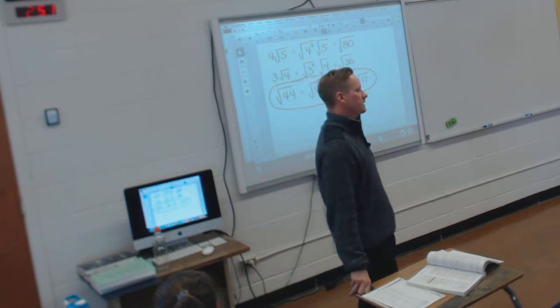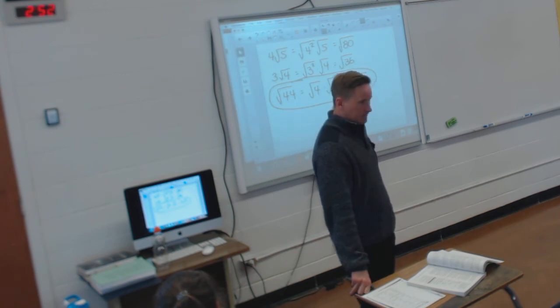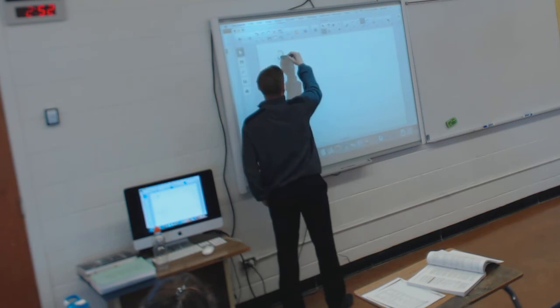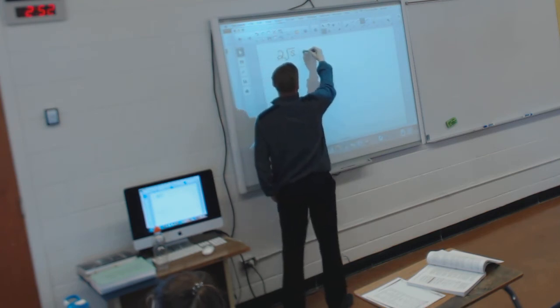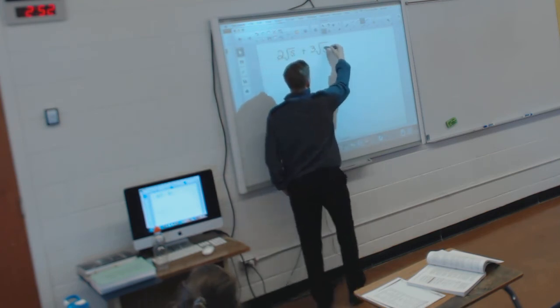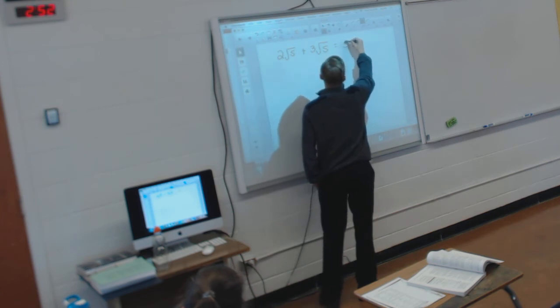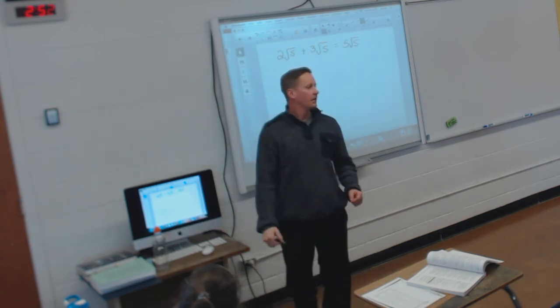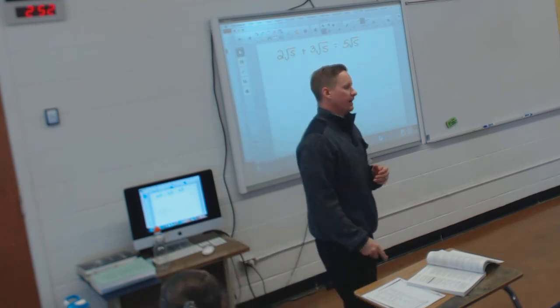We work with radicals in grade 11. Okay? And in grade 11, we would take something like this and add them together. That's grade 11 work.